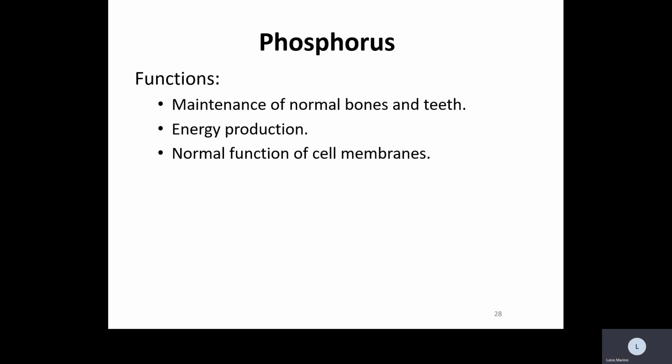Phosphorus is required for the maintenance of normal bones and teeth, energy production, and normal function of cellular membrane. So phosphorus and thiamine are really important, particularly in energy production. And if someone has been starving or has had abnormal losses for a long time, they may end up with something called refeeding syndrome.